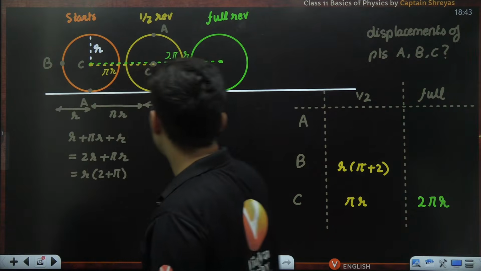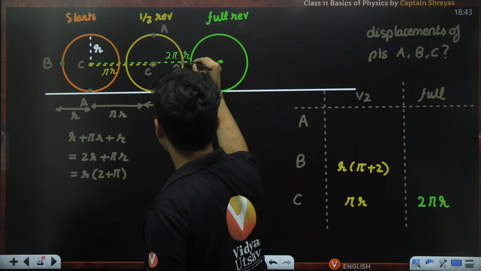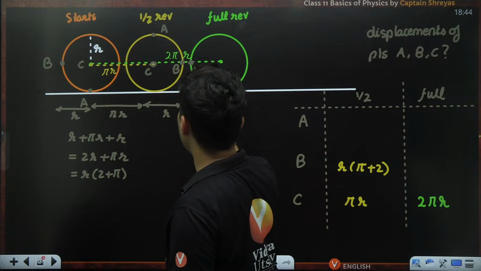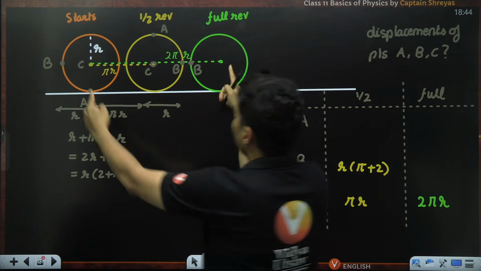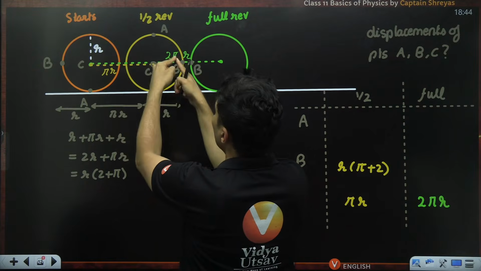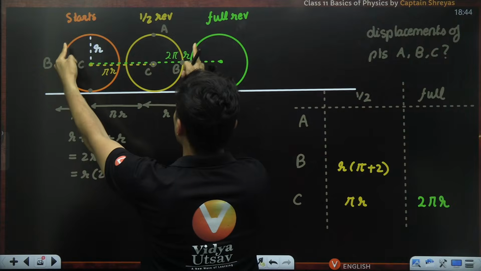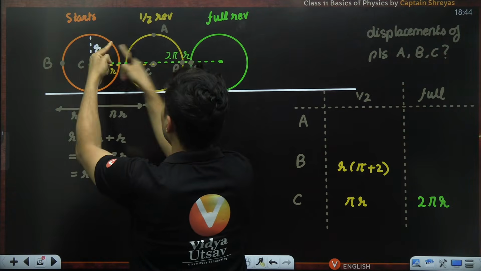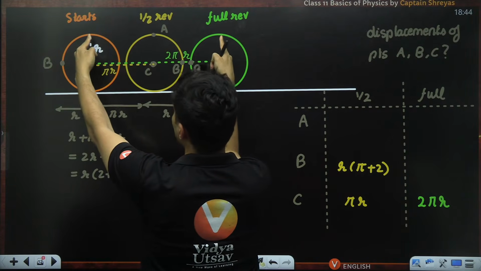But what happens after a full revolution? That point B will be back over here. So now, if this much length is 2 pi r, everything corresponding to the same point, the topmost points, the difference is 2 pi r.